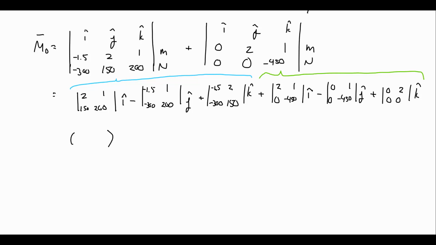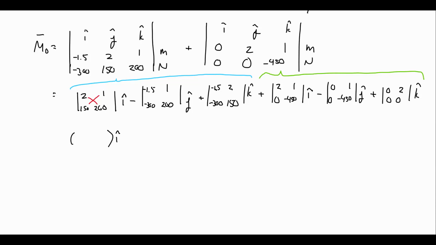So this 2x2 determinant here is going to be 2 times 200 minus 150. So again, what do we do? It's going to be the product of the main diagonal minus the product of the off diagonal. So 2 times 200 minus 150. That is 400 minus 150.